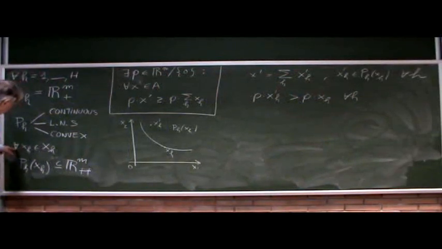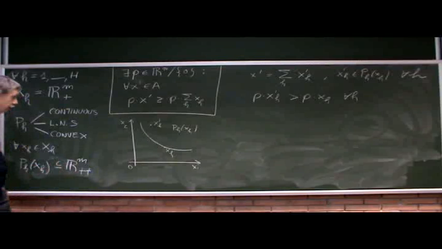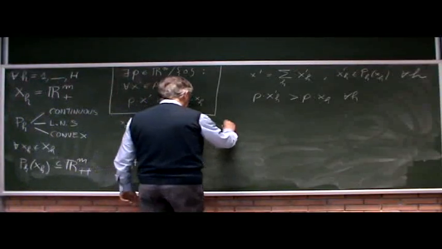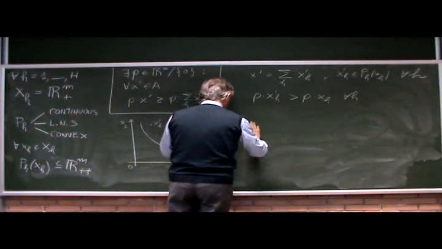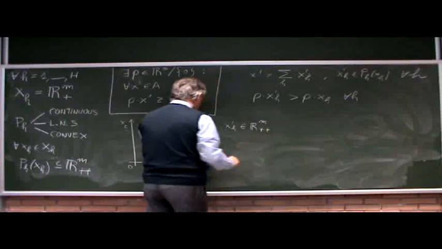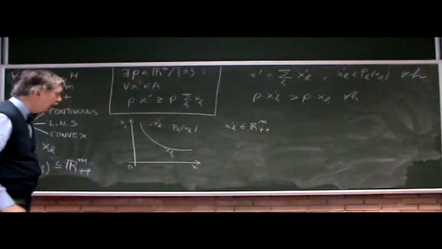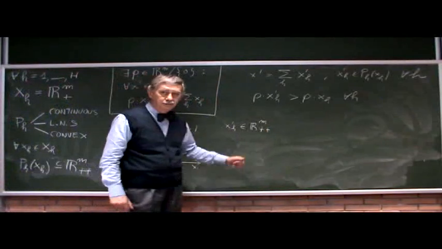But by our last assumption, you note that this x prime h must be an element of the positive orthant, right here. In other terms, x prime h must have all positive components.